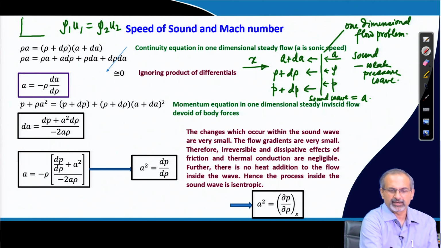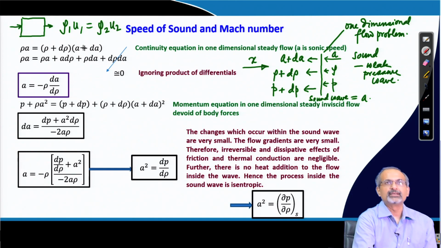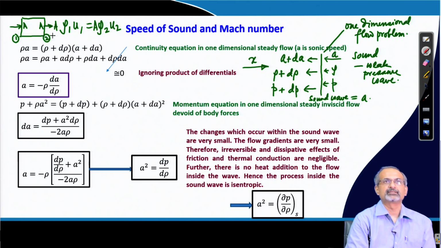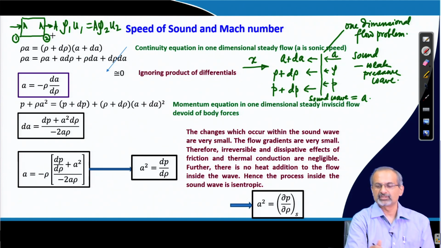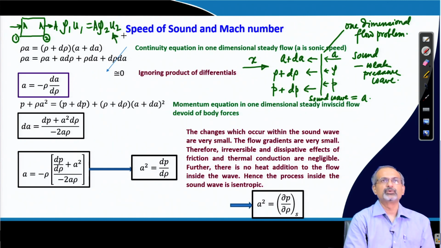If you look at the continuity equation as applied to a control volume like this, along which the flow is just happening in one dimension, with no variation in the area across which the flow is taking place, and if I call this station 1 and the other station 2, the flow enters the control volume through station 1 and leaves through station 2. So, it effectively boils down to the equation rho 1 u 1 equal to rho 2 u 2.